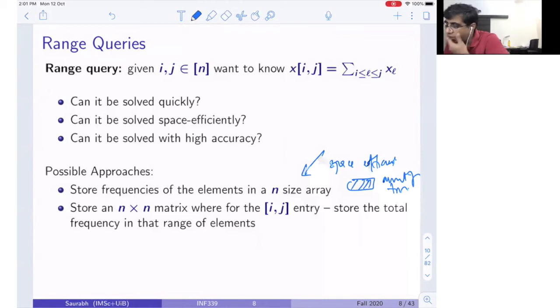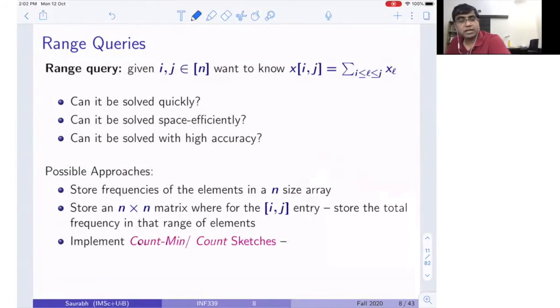Or you could have stored an n cross n matrix where for the ith entry, you store the total frequency in that range of elements. The problem with this is again space, though now the query has become very efficient. And the last solution, as given by Piotr, was this: we implement count min or count sketches, whatever it is.